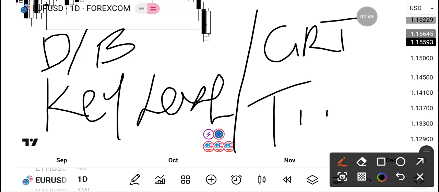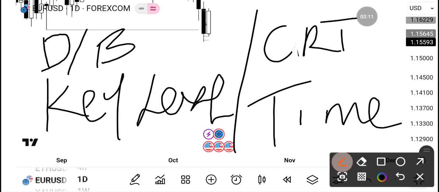Time. Am I clear? This is the most important thing you all need to focus on: directional bias, key level, CRT, and time.